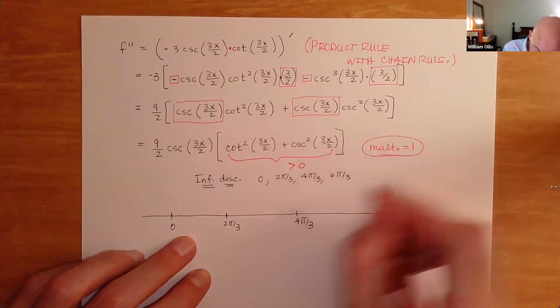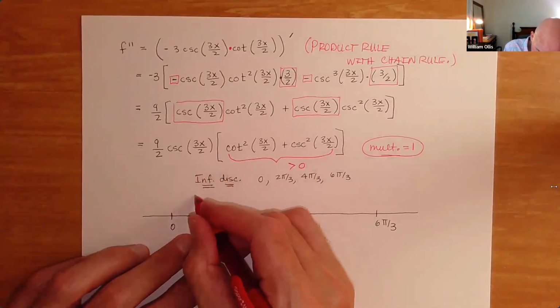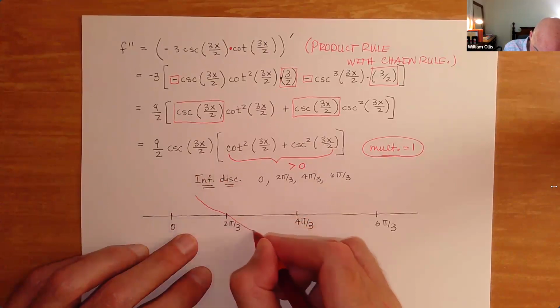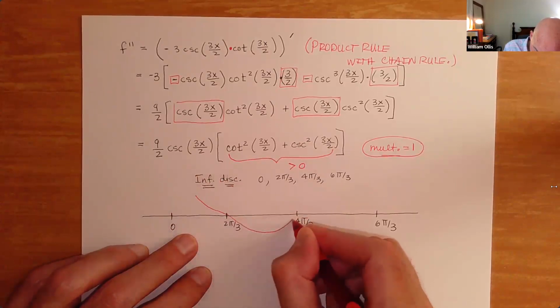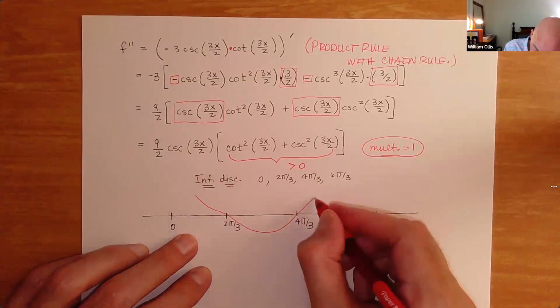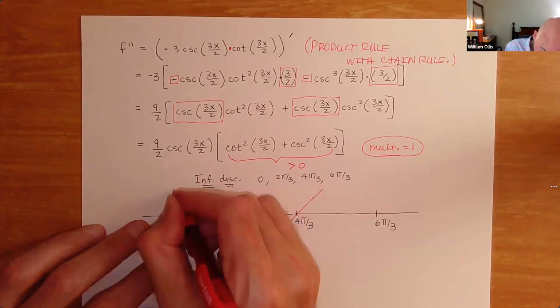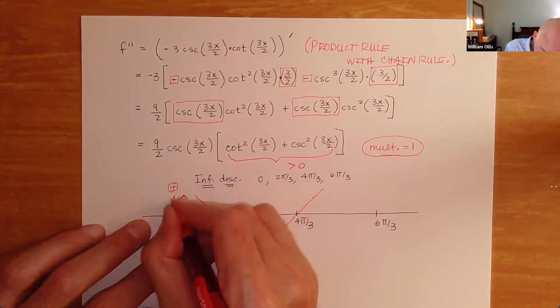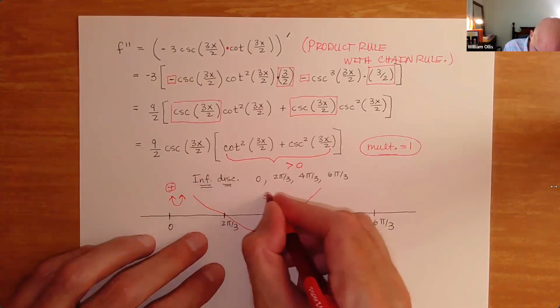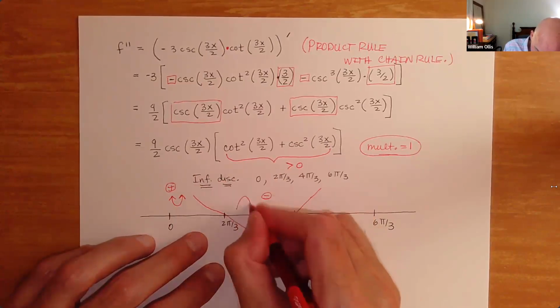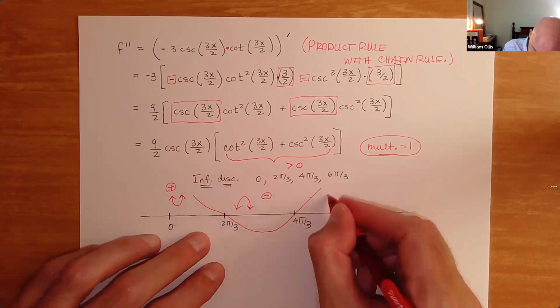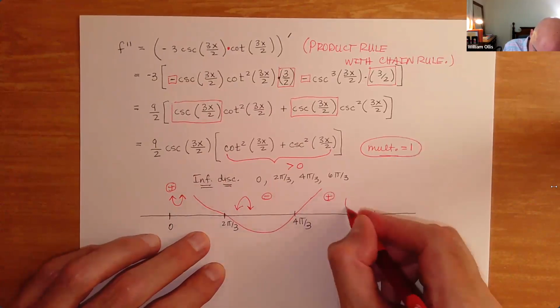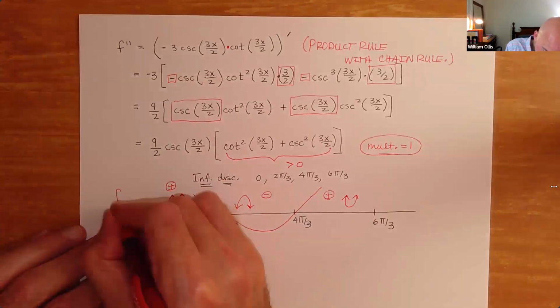So here we have, in this case, positive, cross, and we're done. So we have plus, concave upward. We have negative, concave downward, plus, concave upward. And this is f double prime.